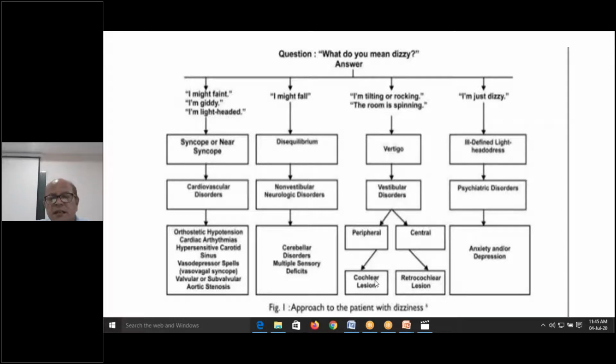If it is peripheral, then it is limited to the middle or inner ear, and if it is central, then it is retrocochlear, meaning above the vestibular nucleus, and that is called the central disorder. Up to the level of the vestibular nucleus is included in the peripheral disorder. Now all of you are clear regarding vertigo.